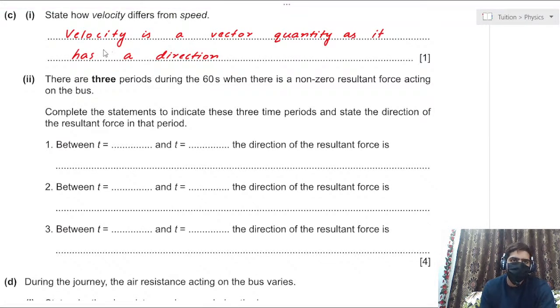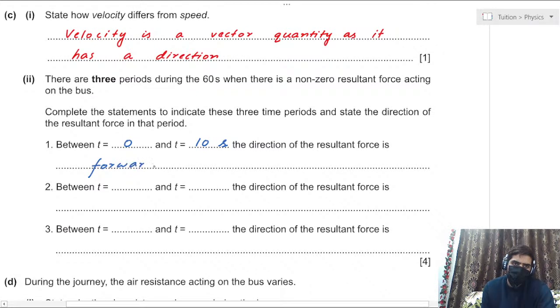So between 0 and 10 seconds, the direction of the resultant force was forward.